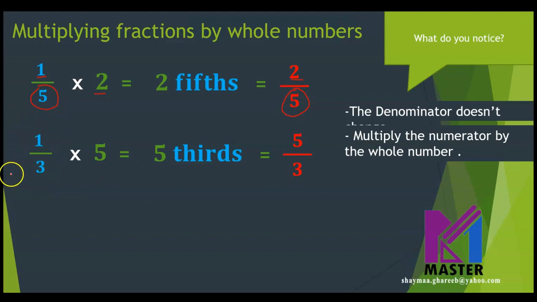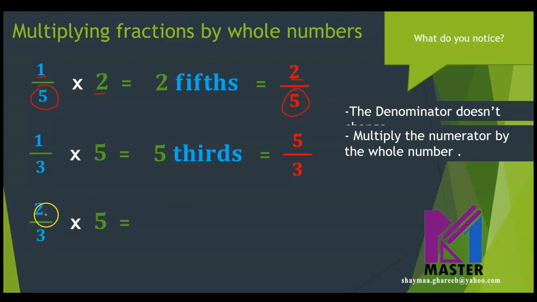Or I can add the 1/3 to itself 5 times, 1/3 plus 1/3 and so on. So the answer will be 5/3. So each time I multiply the numerator by the whole number to get the numerator, and the denominator stays as it is.